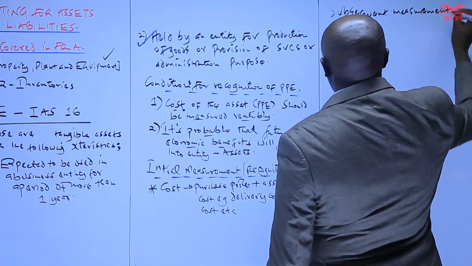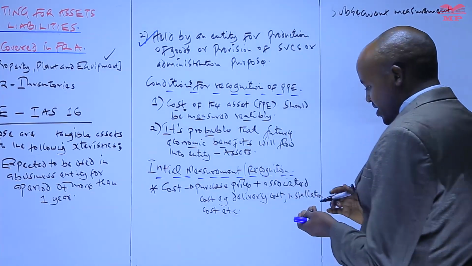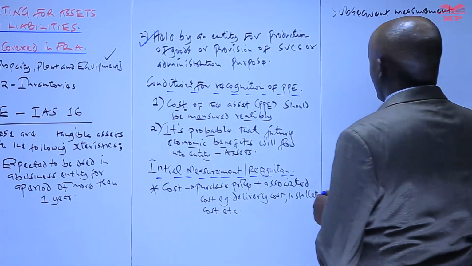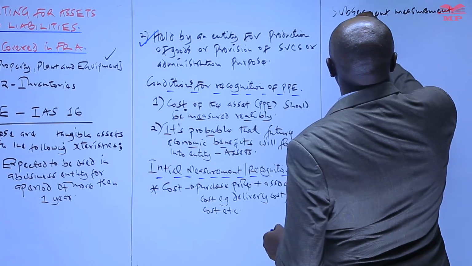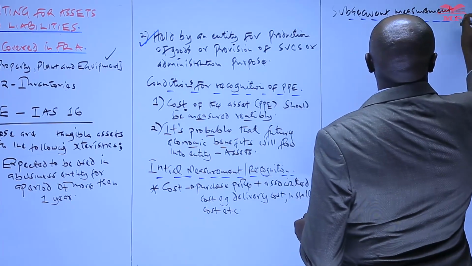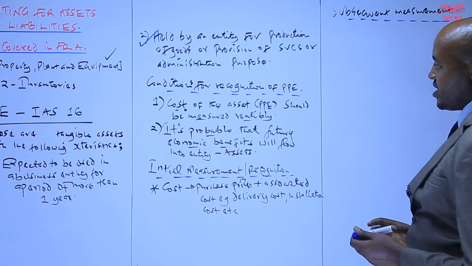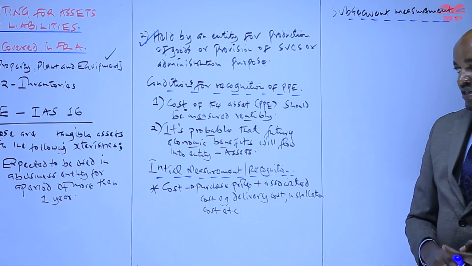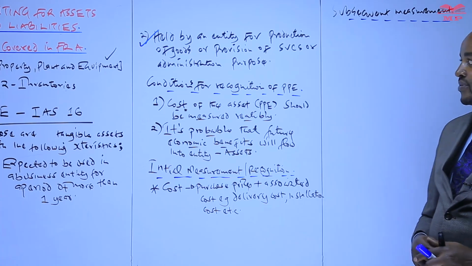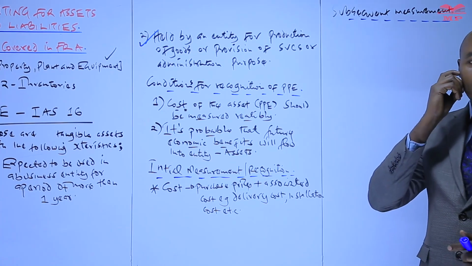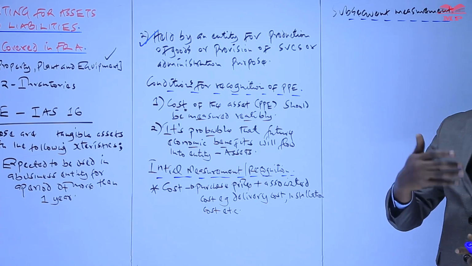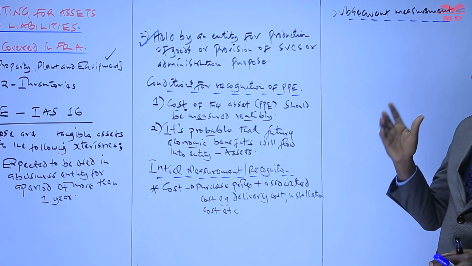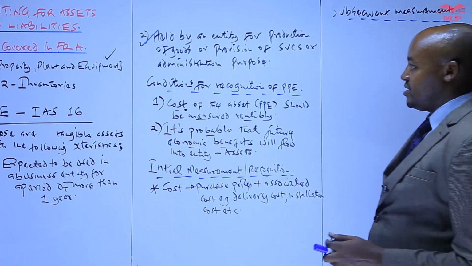And in this case, when we talk about the subsequent measurement of an item of PP, we are talking of how items of PP should then be measured at the end of each year. According to this standard, that is International Accounting Standard number 16, the company can use two models of measuring these items of PP.